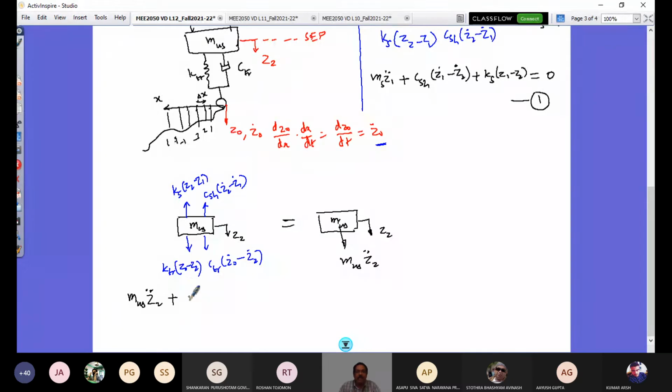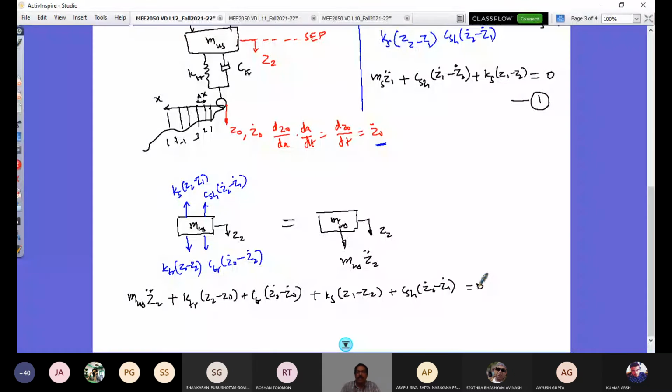Let us first write KTR into Z2 minus Z naught plus CTR into Z2 dot minus Z naught dot. Why this is swapped is because I'm taking it to the other side, plus KS into Z1 minus Z2 plus CSH into Z2 dot minus Z1 dot. That's all equal to 0.